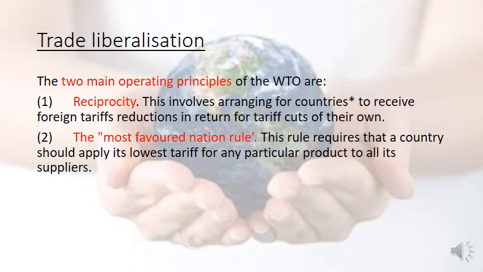So if the USA reduces their tariffs to South Africa, South Africa should do the same for theirs. The second principle is the most favored nation rule, meaning the conditions you afford your favorite country, you should be affording to all its suppliers. So if you're giving China the lowest tariffs, that tariff should be given to all the countries in your trade agreements.